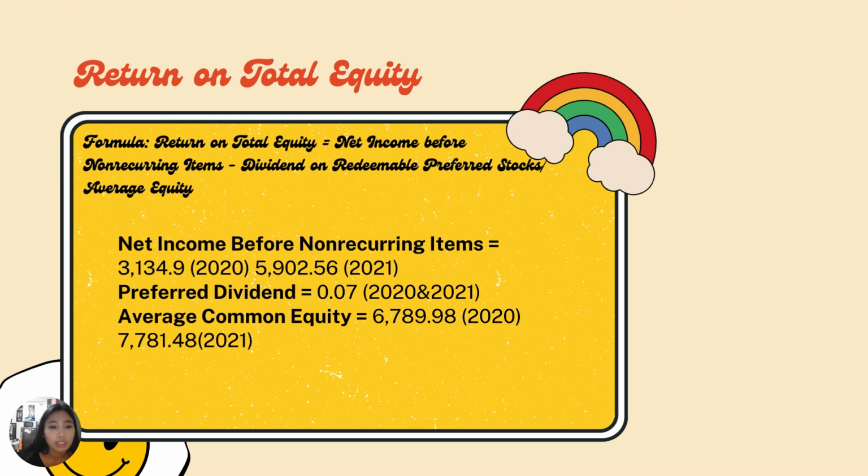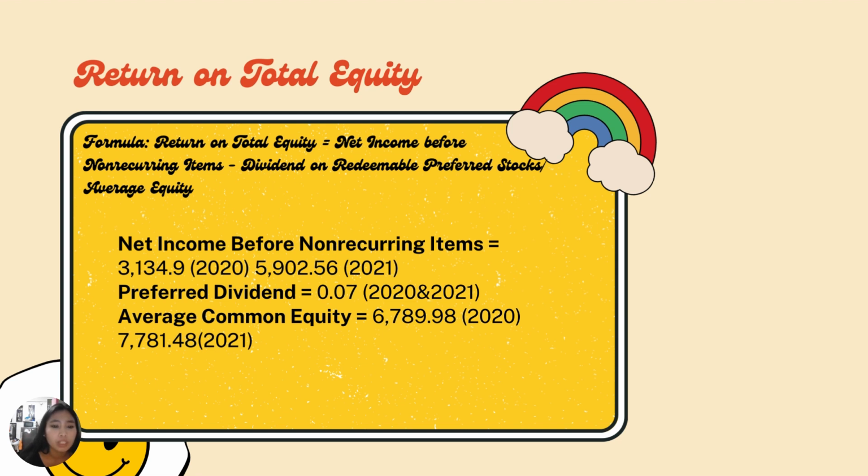So our net income before non-recurring item is 3,134.9 para sa 2020, 5,902.56 para sa 2021.